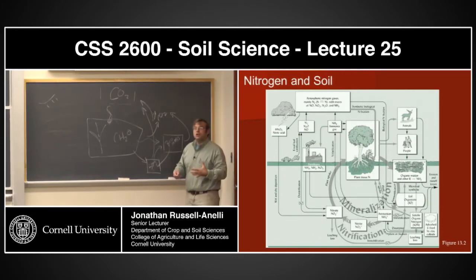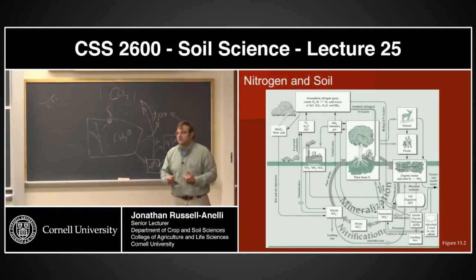Mineralization is the conversion of an organic form to an inorganic form. Immobilization is the conversion of an inorganic form to an organic form. Okay? Probably the best way to imagine that is I'm turning it into biomass. Did that make sense? What's going on there?